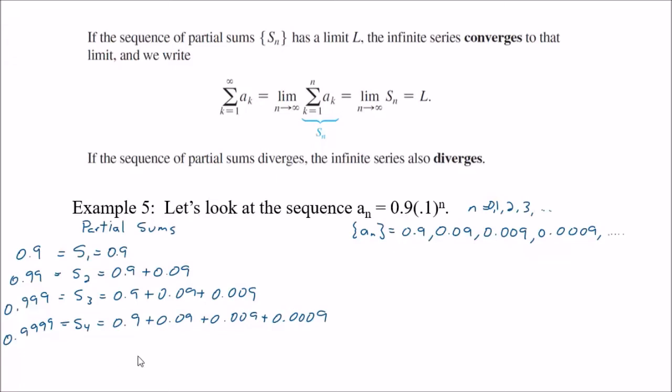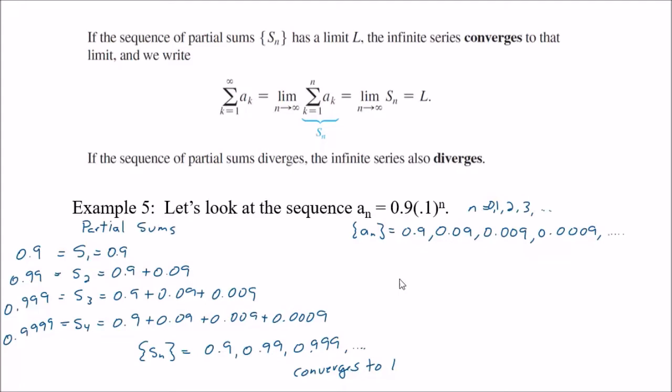Okay, so the sequence created by the partial sums, the sequence S, capital S sub n, is equal to 0.9, 0.99, etc. Does that converge or diverge? Hopefully you can see this is getting closer and closer and closer and closer to 1. So this converges to 1. All right.